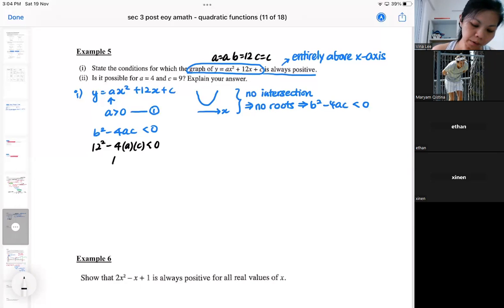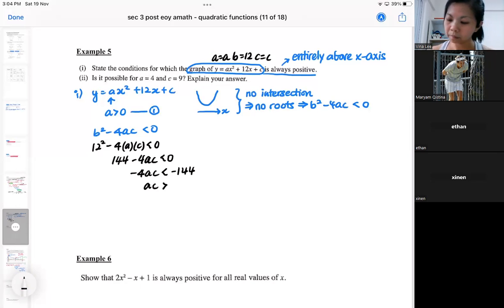So when you put the values into the discriminant, you end up something like this. So remember to reverse the sign. So this is my condition.